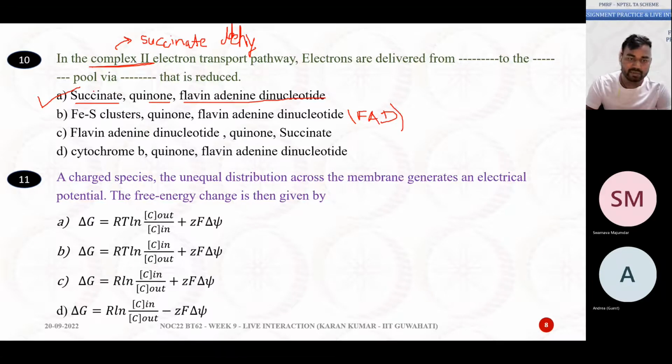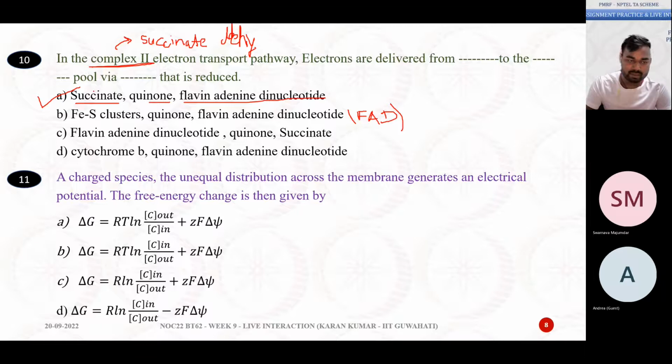Then you can calculate whether it will facilitate transportation of the molecule from inside to outside or outside to inside, or if you want to calculate the free energy, this equation will help you. So the equation is very important for you in that respect.